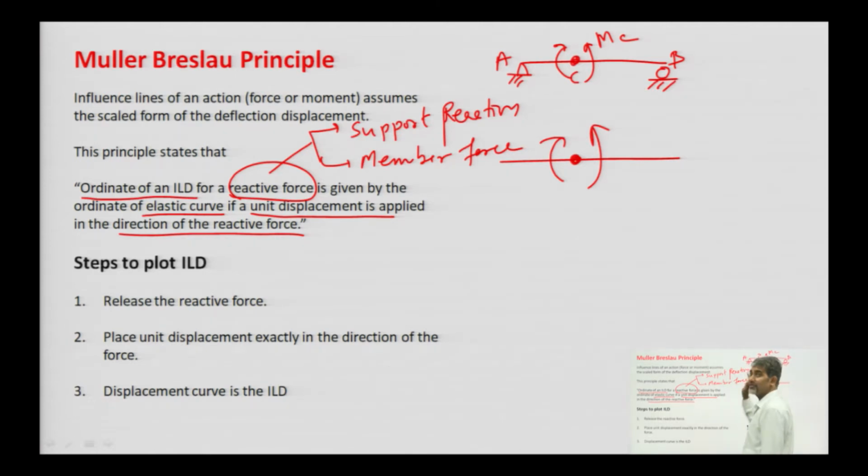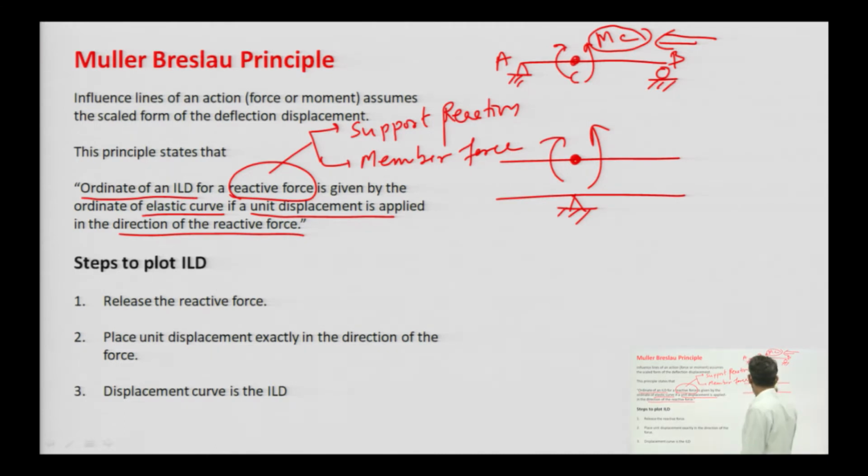We can provide the unit displacement only when that moment resistance is vanished, which means at this point we need to consider a hinge.